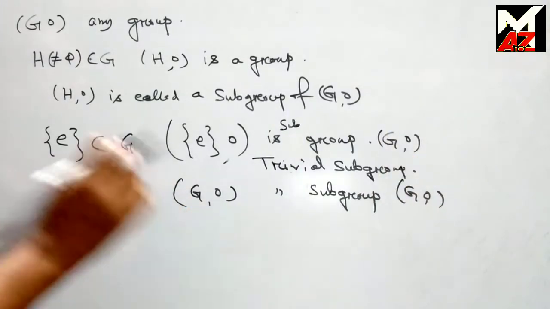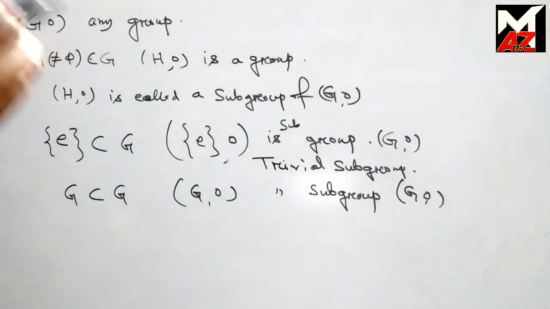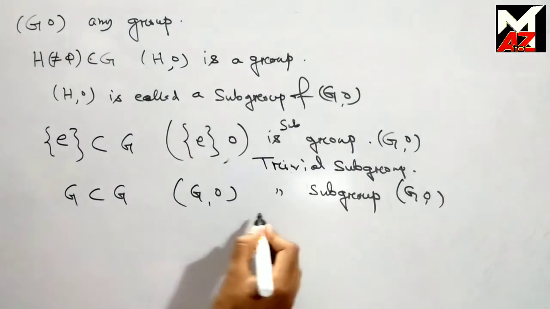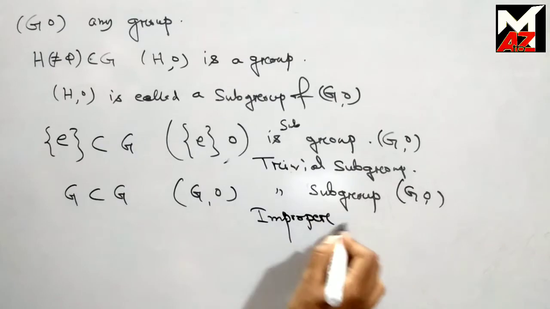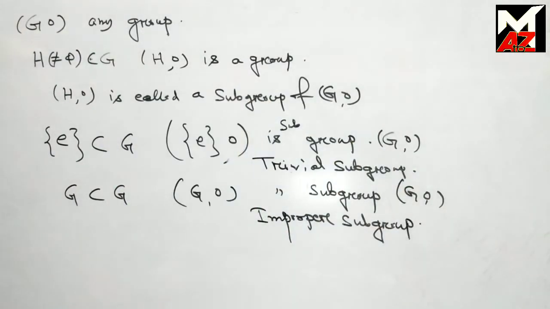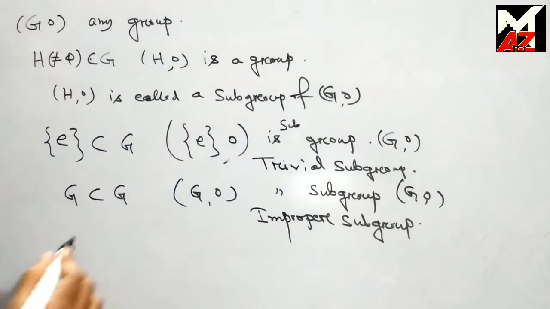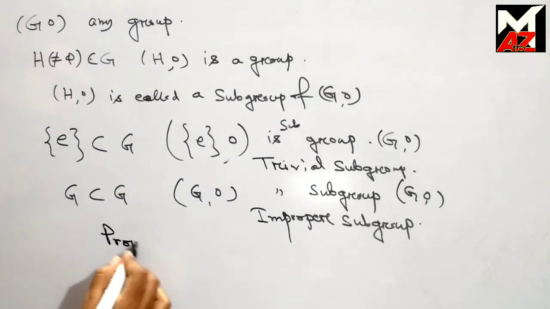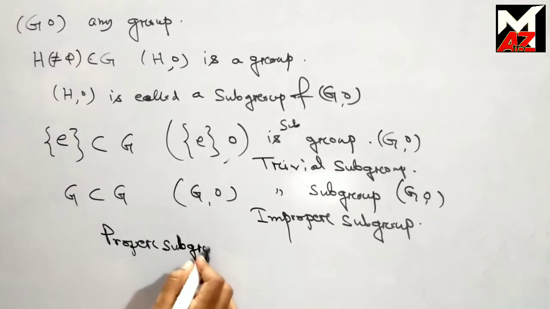And this subgroup, where the group itself is the subgroup of the group, is the improper subgroup. All the other subgroups which are not trivial and not improper are called proper subgroups.